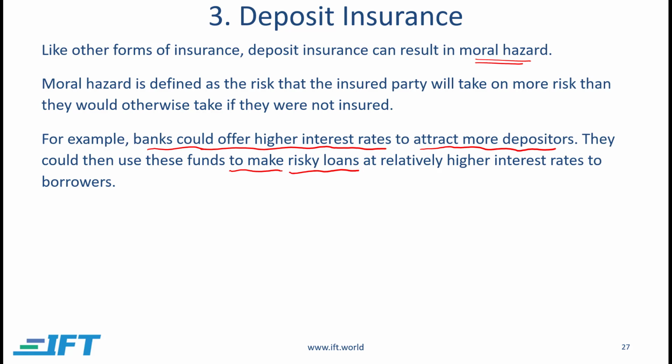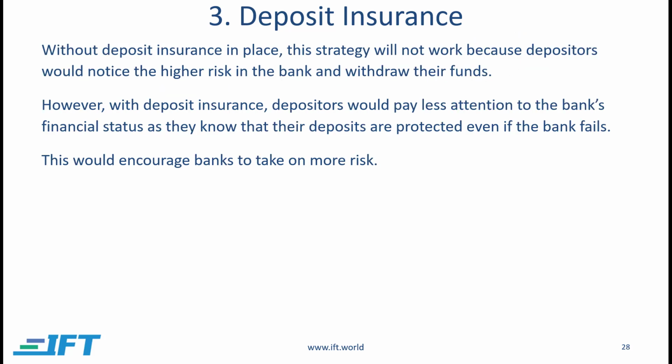So if the banks pay a higher interest rate, more deposits will come, and then the bank will be able to make risky loans to earn a higher interest rate, and obviously make a fatter net interest margin for itself. So this is what is known as a moral hazard.